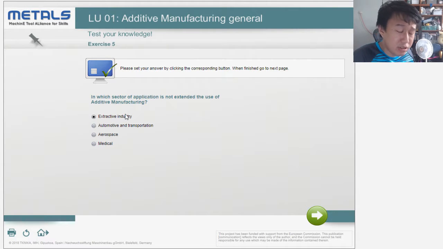I think they make partly 3D printed cars or partly 3D printed supercars, and mainly all your general manufacturers of automobiles use additive manufacturing in some form or another. Aerospace, definitely Boeing and Airbus. And medical, yeah. So definitely the application that's not really using additive manufacturing, or something that we have not heard much about, is the extractive industry, or probably the mining industry.